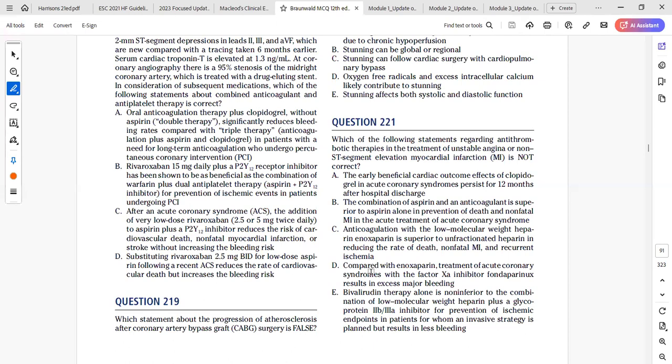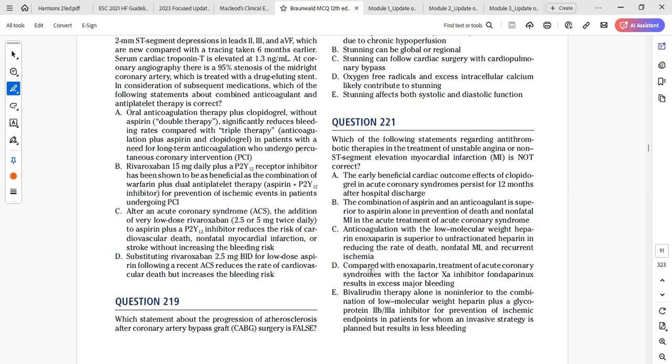So that's what led to the new ACS recommendation, the ESC 2024 guideline made this a class 1A recommendation. So option A is true.